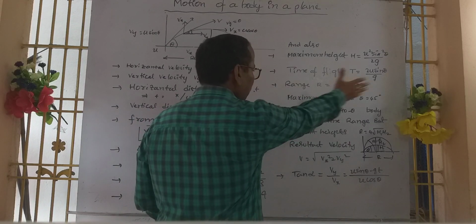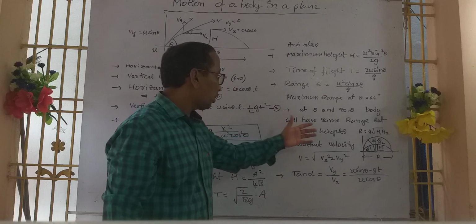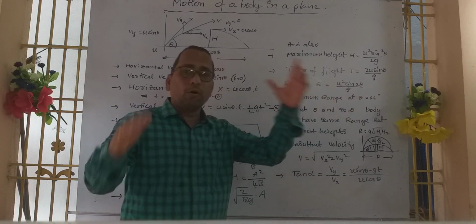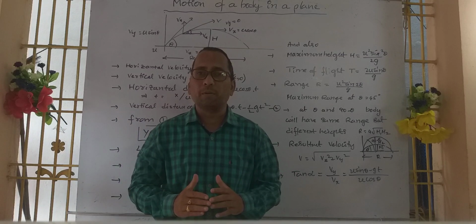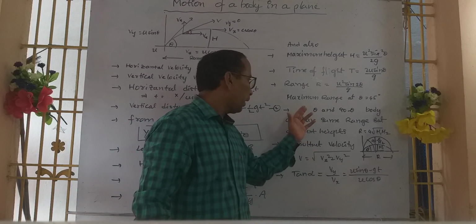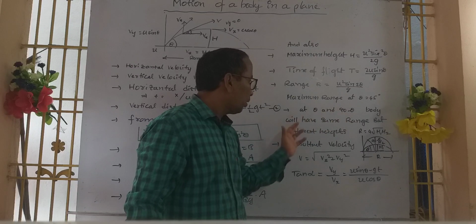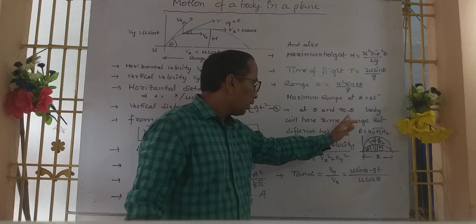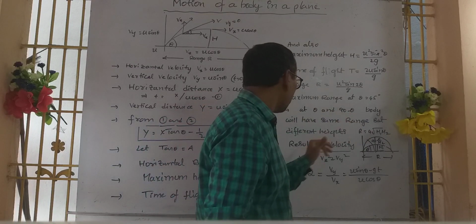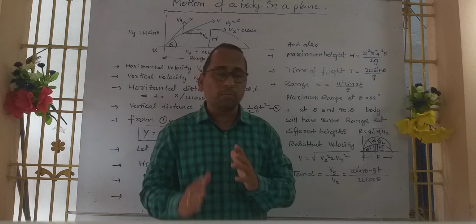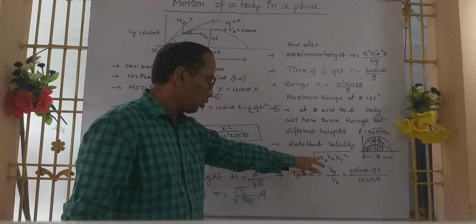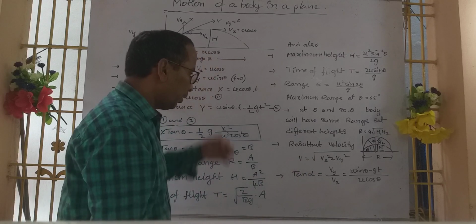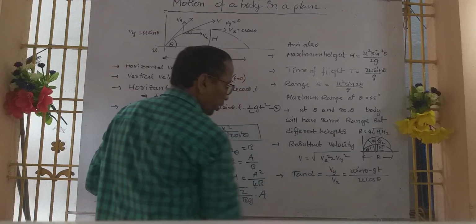Now these are all the formulas. Next, one more thing you have to remember: at 45 degrees angle, there is a maximum range. And at theta and 90 minus theta, the body will have the same range but different heights. This is also important. And the resultant velocity is root of Vx square plus Vy square, and tan alpha is equal to Vy by Vx.